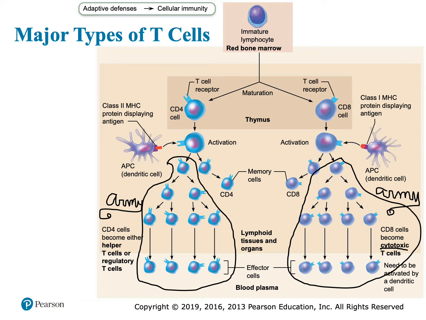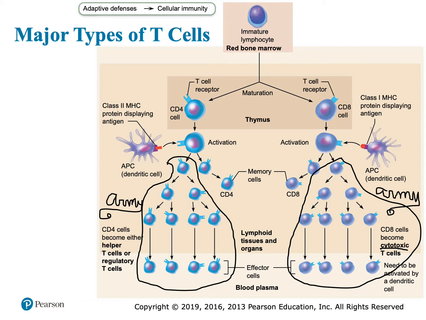Okay, and so if it is a cytotoxic T, he has a CD8, and that's going to be his job. We're going to have a dendritic cell present a piece of antigen on his MHC1. That's how CD8s become cytotoxic Ts. If it is going to be a helper, it's going to have maybe a dendritic cell or a macrophage present a piece of antigen on its MHC2.